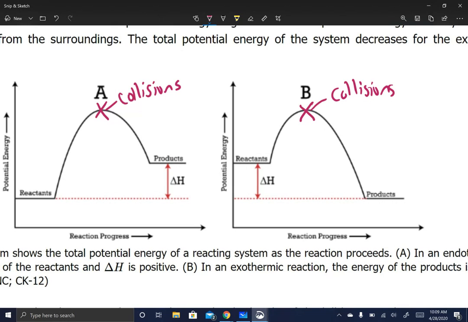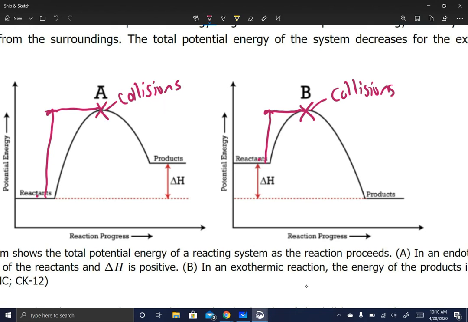Same thing over here. Well, in order for a reactant to get up to that peak, you have to give it energy. Imagine you're standing here and you want to climb this mountain. The only way you're climbing the mountain is if you're using energy, right? You have to eat food, gain that energy, use your muscles, move your arms, legs, to climb a mountain.